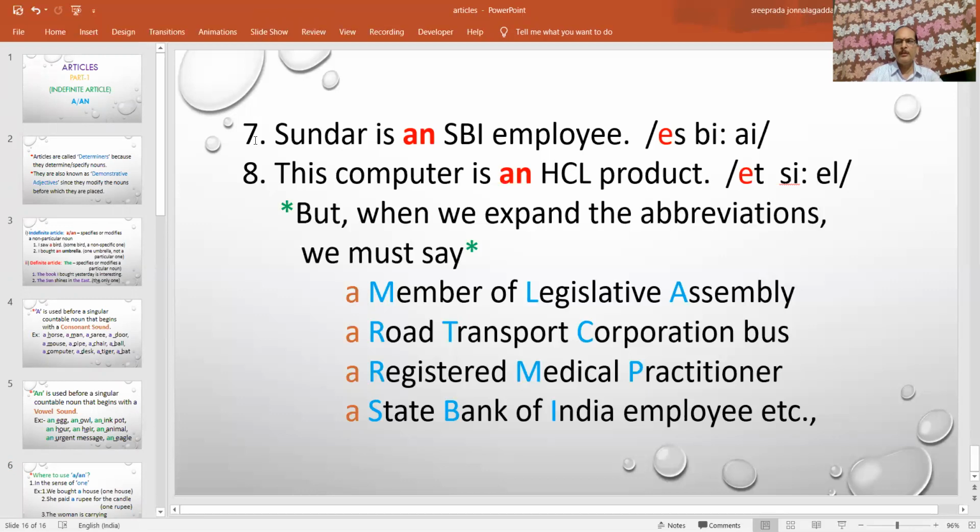We use a before a singular countable noun that begins with a consonant sound, not a consonant letter. And we use an before a singular countable noun that begins with a vowel sound. Articles are not only called determiners, they are also known as demonstrative adjectives, since they qualify the nouns before which they are placed. So, like this, we can understand this topic.